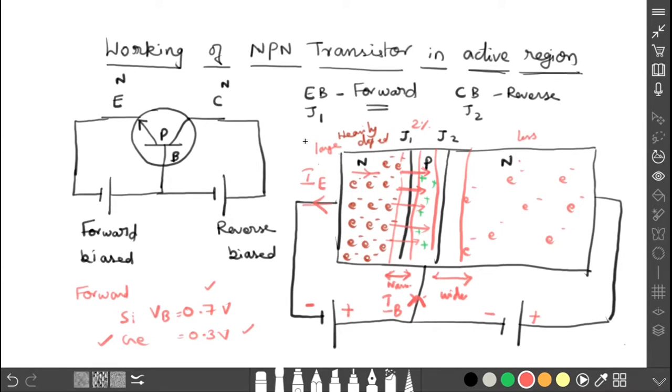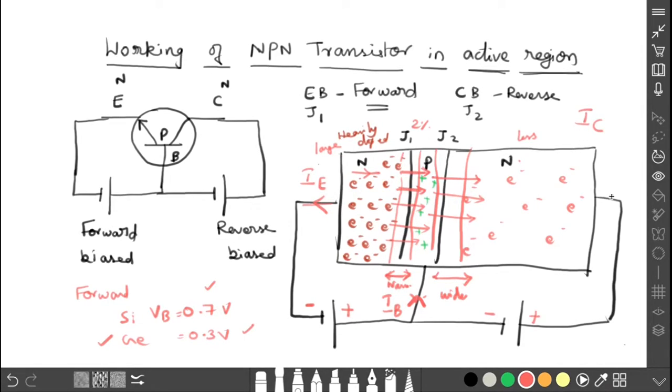So here is the higher concentration, here the lower concentration. These electrons will move by diffusion from higher concentration to lower concentration and cross junction J2. Because of this diffusion, the collector part constitutes the current, which is represented by the collector current.